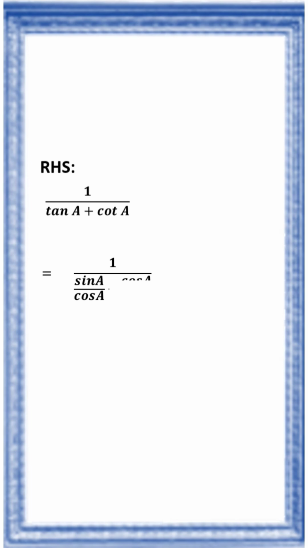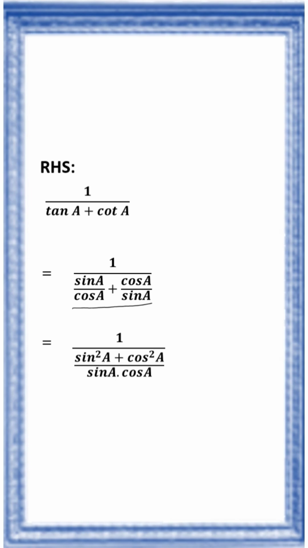Now let us take RHS, that is 1 by tan A plus cot A. Let us convert tan A and cot A in terms of sin A and cos A. Tan A is sin A by cos A, cot A is cos A by sin A. The LCM of the denominator is sin A into cos A. So now this is equal to 1 upon sin square A plus cos square A upon sin A into cos A. You know that sin square A plus cos square A is equal to 1.